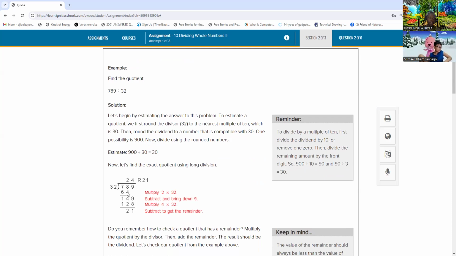Then 78 minus 64 is 14. Then we bring down the next digit, which is 9. Then we say how many 32 is in 149? That is 4. 4 times 32 gives 128. And we subtract to have 21. So that means our remainder is 21. Is that clear? Yes.